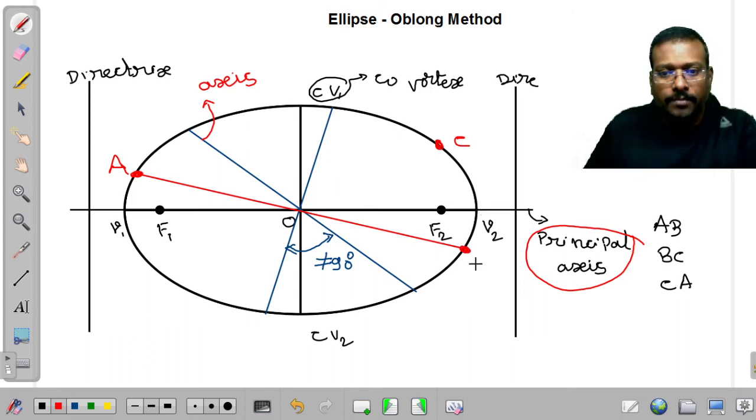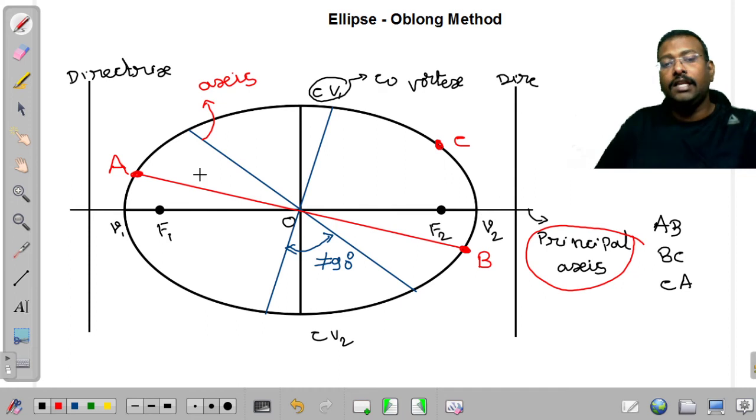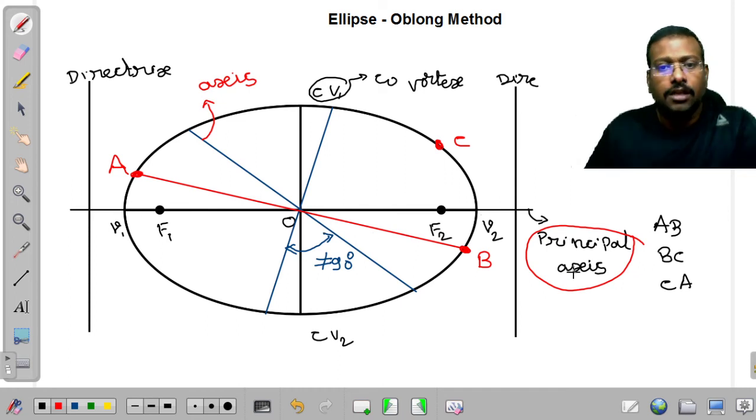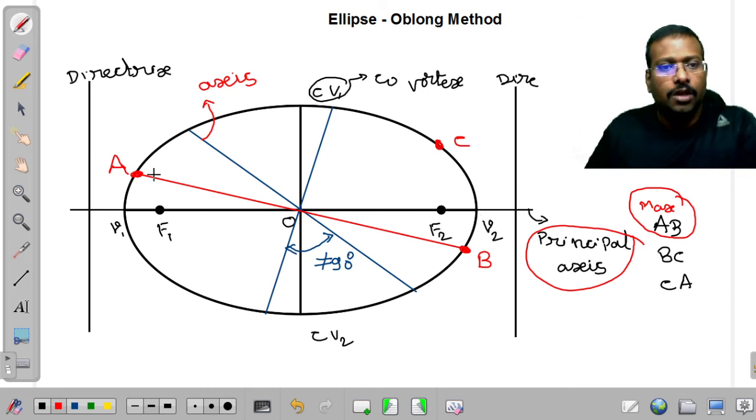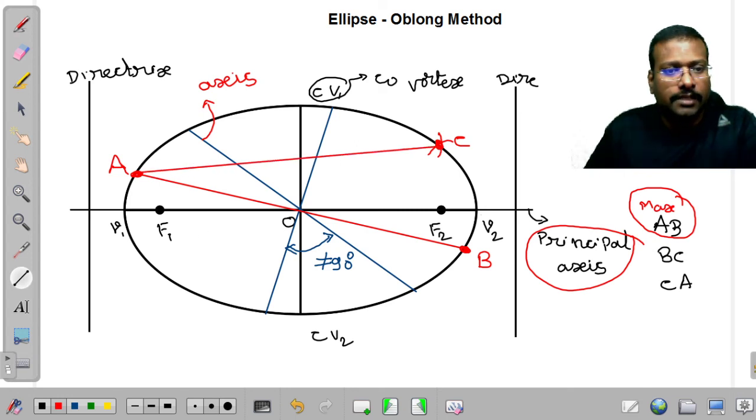This is the AB length, so definitely that is going to be considered as an auxiliary axis. Among these, whichever has the maximum will be considered as the axis. And what about C, sir? With A as center we draw an arc, with B as center and the other length we cut the arc. Wherever they meet, it is C. So these two are the other two distances, AC and BC.